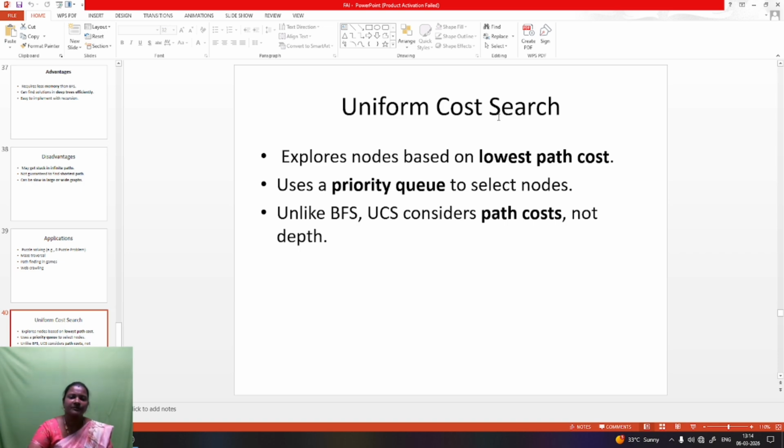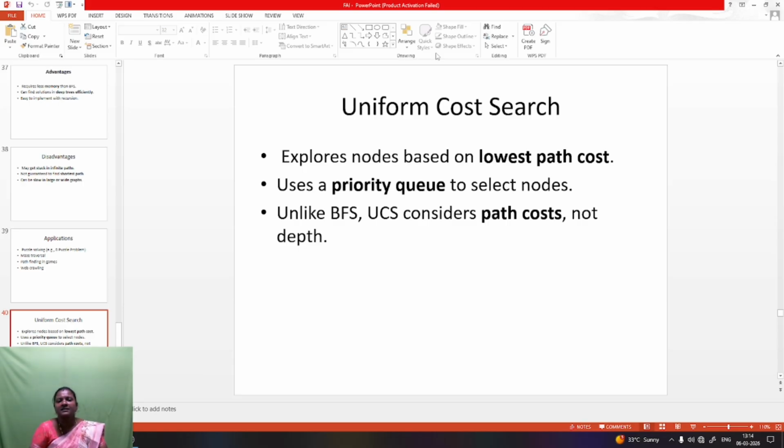The first algorithm uses the queue concept, the queue data structure, for its implementation. The second algorithm, DFS, uses a stack data structure. Here the uniform cost search algorithm uses a priority queue for its implementation.